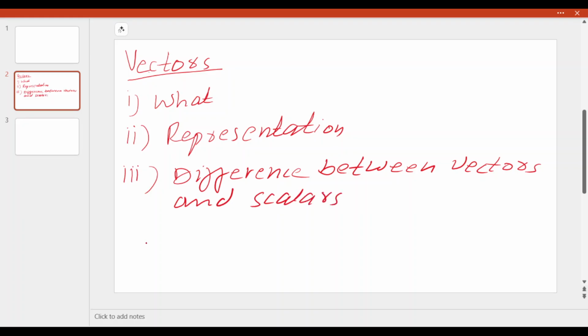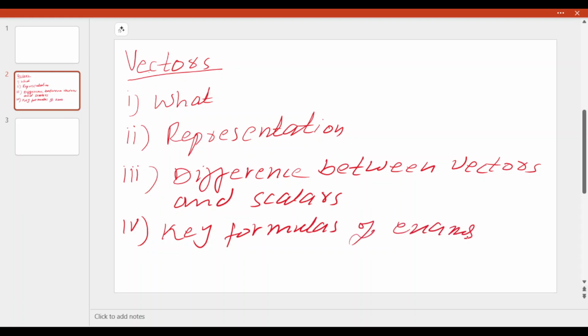Yes, and the fourth one is some key formulas of exams. Yes, these topics will be covered.